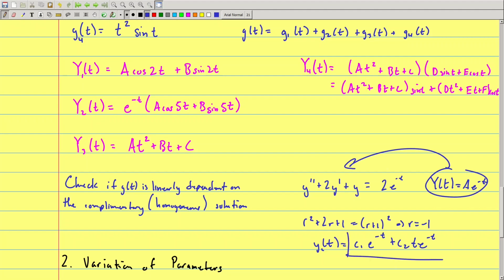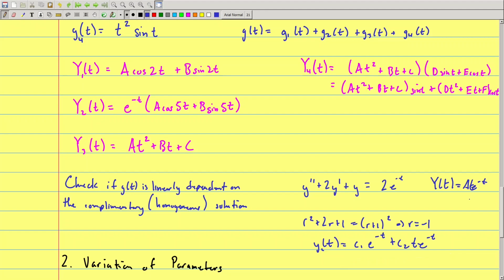Because plugging this type of function into the differential equation gives me 0, so some subset of it is also going to give me 0. That's why we have to modify the guess so that we avoid this problem. Okay? The most common technique that works is just multiplying by t, the number of times we need to multiply by t to not have this linear dependence anymore.